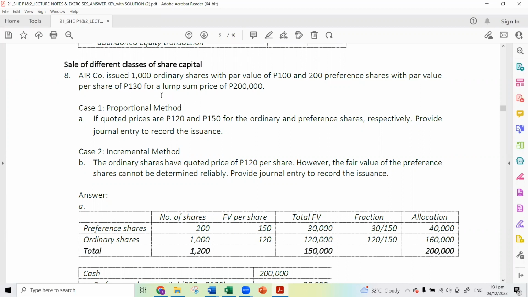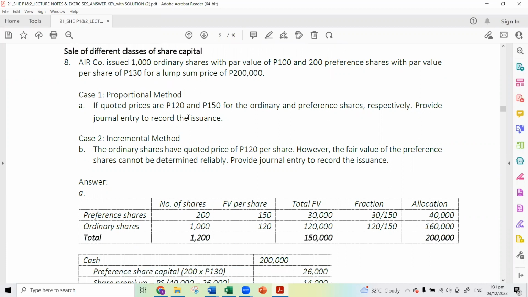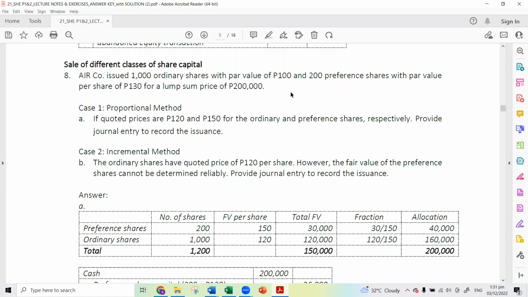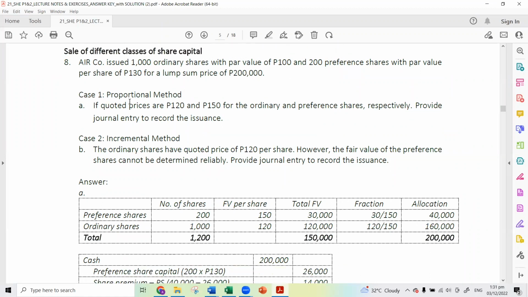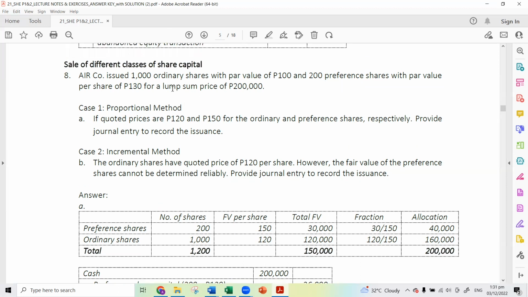How do we approach this? The issuance is accounted for by one of the following methods: the proportional method and the incremental method.